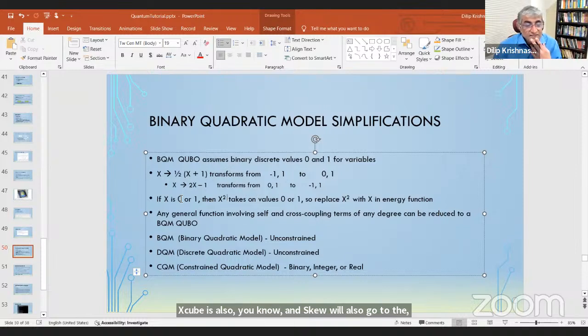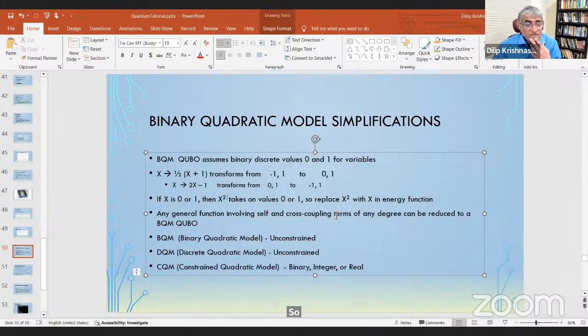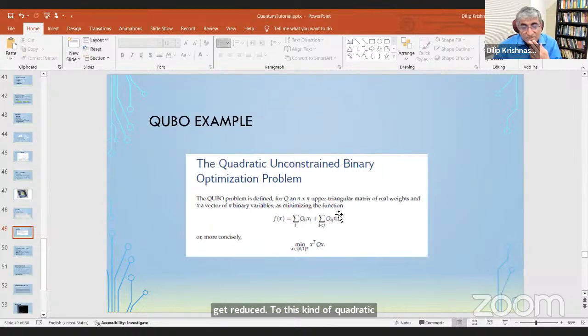So effectively, any higher order functions can get reduced to this kind of quadratic function because these values that they're taking are 0 or 1. And if the values are, let's say, going from 0 to 32, you just scale it down so it takes values between 0 and 1. That essentially means that the coefficients have to be scaled appropriately so that the variables take on values between 0 and 1. That helps you solve any higher order optimization problem as well.